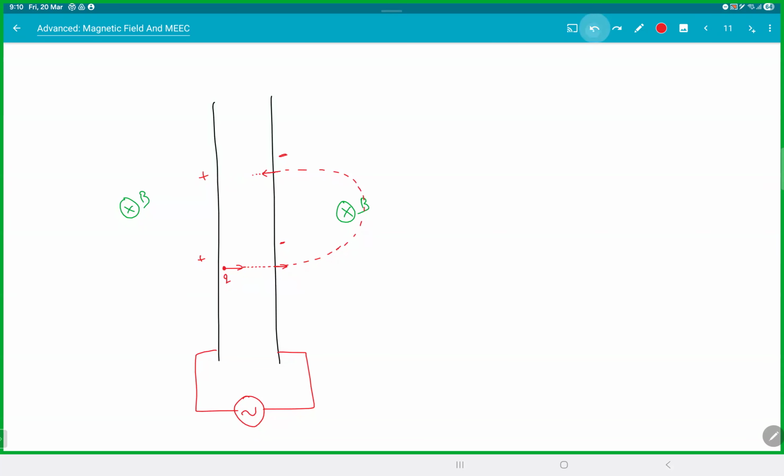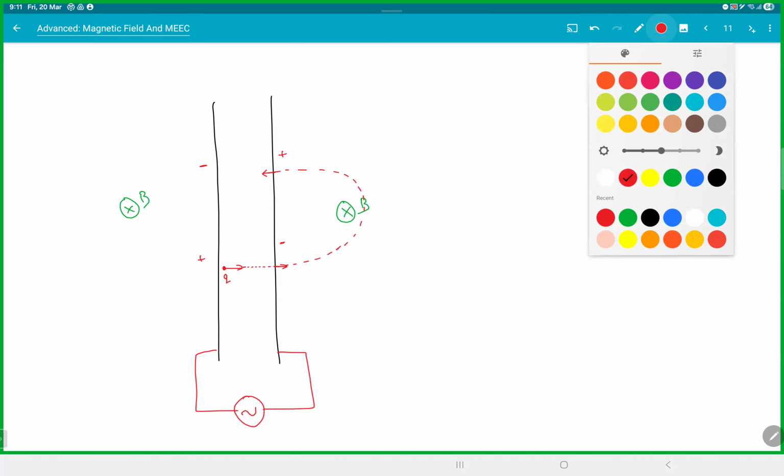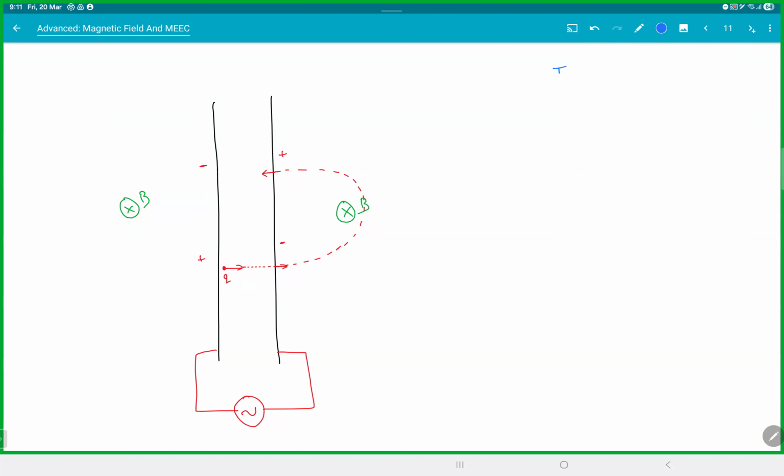So what we will do is use an alternating source such that by the time the particle reaches there, this plate will become positive, this plate will become negative. Now, how can you do this? We can do this because luckily the time period of the particle, 2 pi m by qB, did you observe something here? This is independent of velocity. That means no matter how fast you go, you will always come back to the same point in the same time interval.